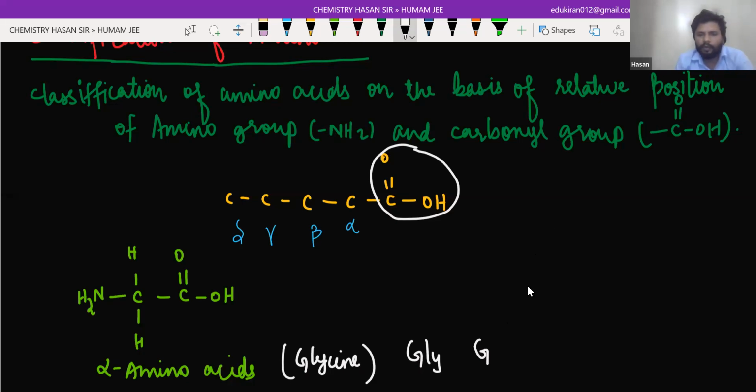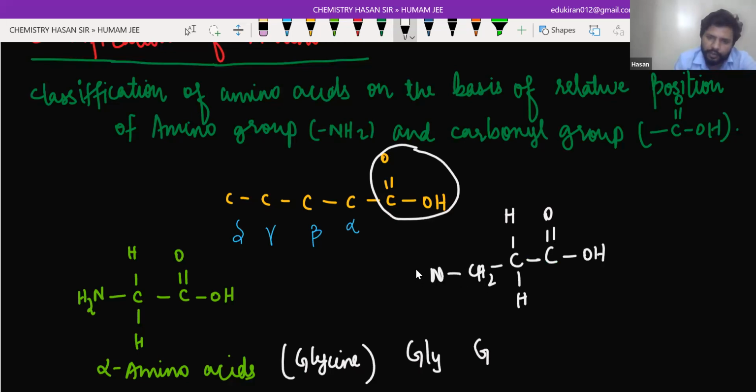Now, if you write C double bond O, OH, carboxylic acid, and this is your carbon, CH2 is there. Then another CH2 comes, and with this CH2 there is NH2. You can see with respect to carboxylic acid, this is your beta. So we call it a beta amino acid. Is that clear?